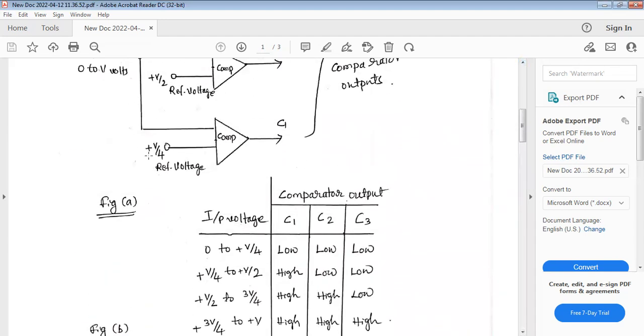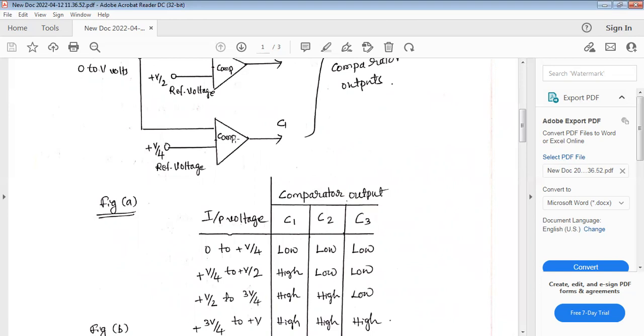So here we have written plus V by 4. The reference voltage for this comparator C1 is plus V by 4. That means when the analog input voltage exceeds this plus V by 4, only then does this comparator C1 go high, or start working. Otherwise, it doesn't work. That is the meaning.